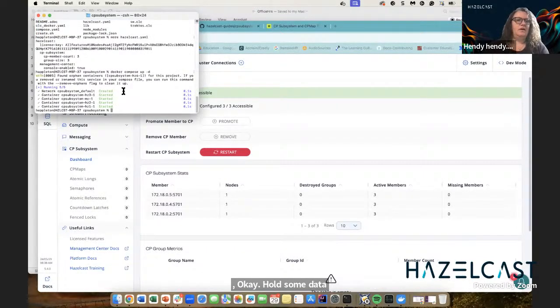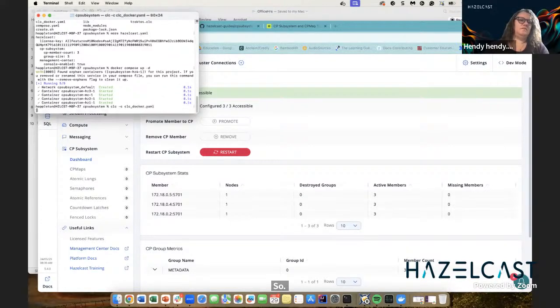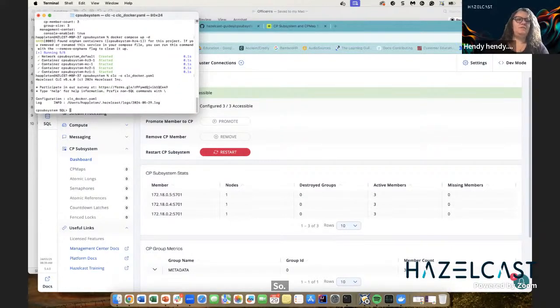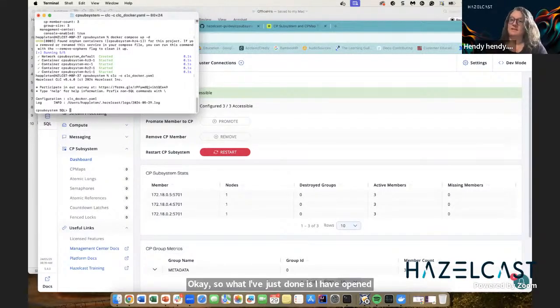So let's see. Okay, so what I've just done is I have opened up our command line client.